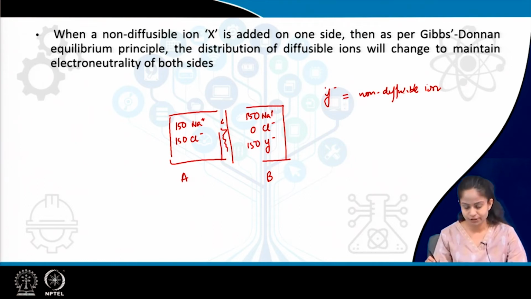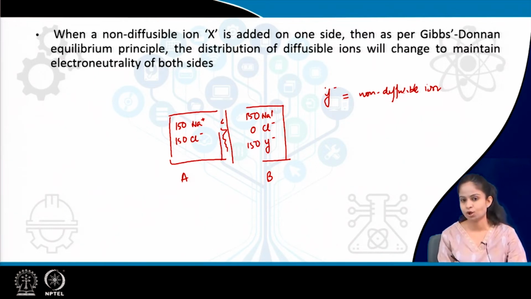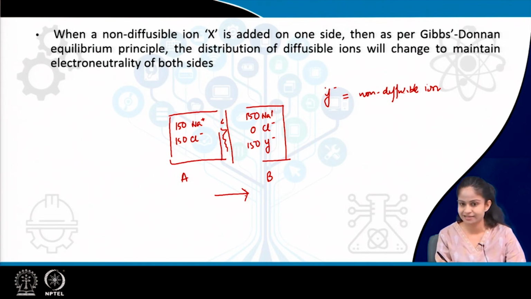So, at this point of time, after some time, these solutions will undergo certain changes. What changes will it undergo? Usually, there will be permeation of ions from A to B. Since the chloride ions are not present in B, that means there is a deficit of negative charges.